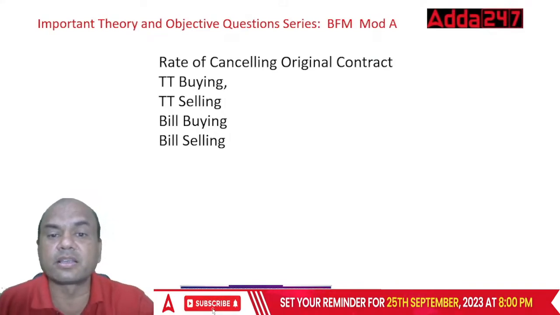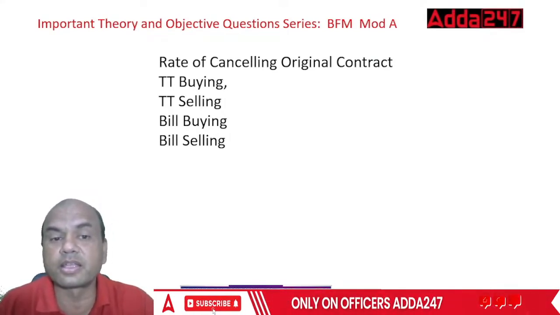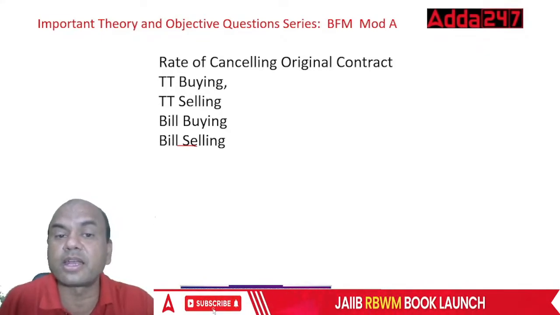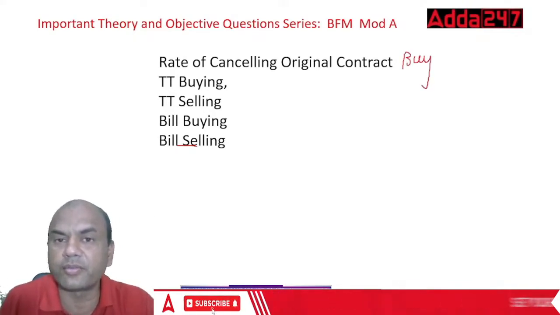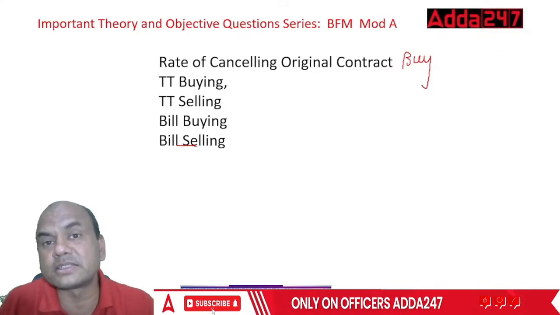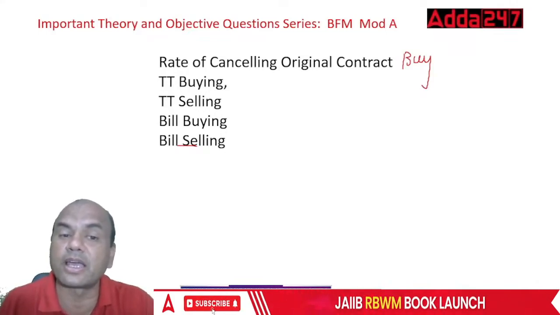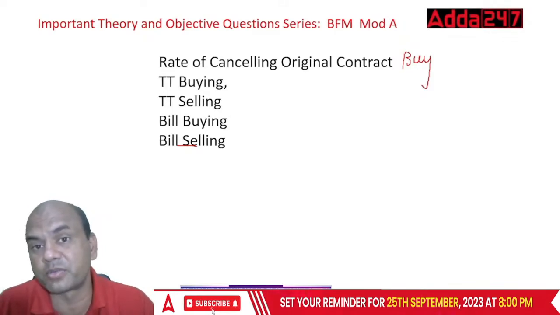Rate of cancelling the original contract: whenever we cancel the original contract, it is done at what rate? TT buying, TT selling, bill buying, bill selling. Cancelling the original contract rate depends on what rate we are talking of. Suppose I am calling the buy rate. If I have purchased the dollar earlier, I might have purchased it at either bill buying or TT buying, depending on the type of transaction.